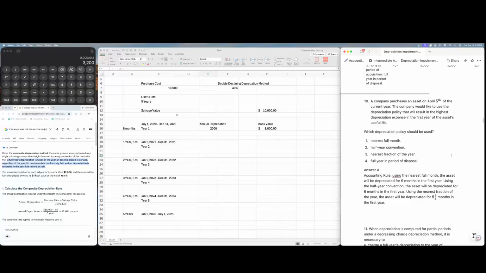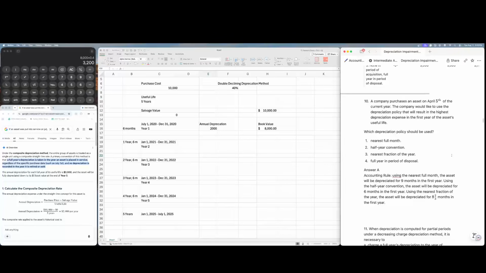Is July 15th half of the month, or is July 16th the first half? Is it a full month or not? Will it be 5 months of depreciation or 6 months of depreciation? You can do the calculations for that.